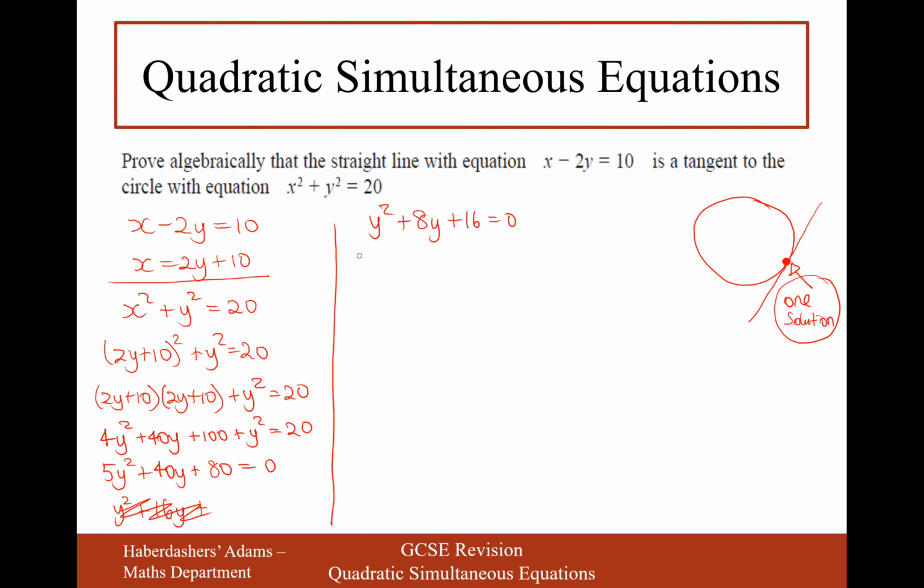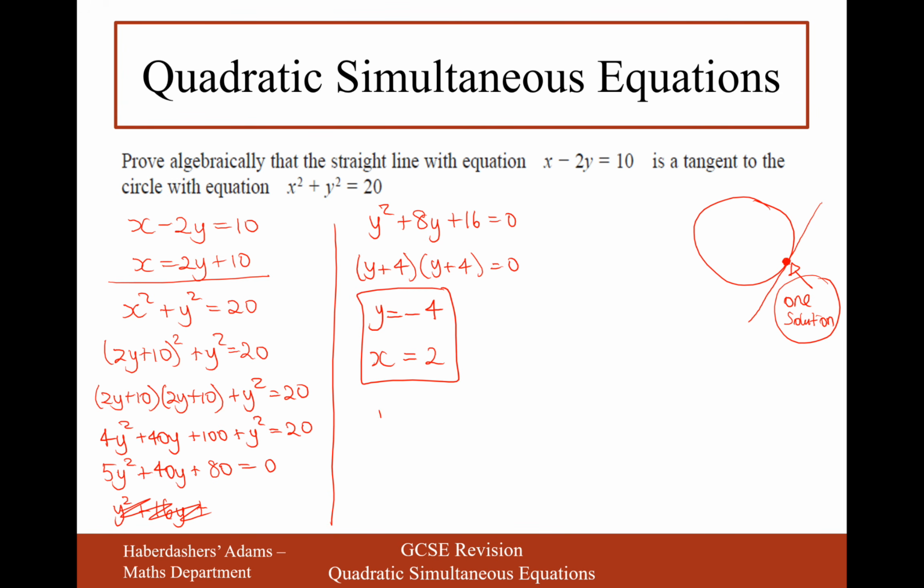And now we need to factorise this, and I think this factorises to y plus 4 squared equals 0. So therefore the only solution that we get out of this is y equals minus 4. It happens twice. And then we can also work out the x coordinate as well, because x equals 2y plus 10, so that's going to make it minus 8 plus 10, that's 2.